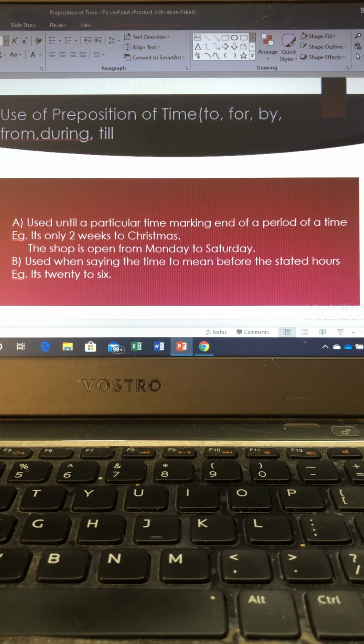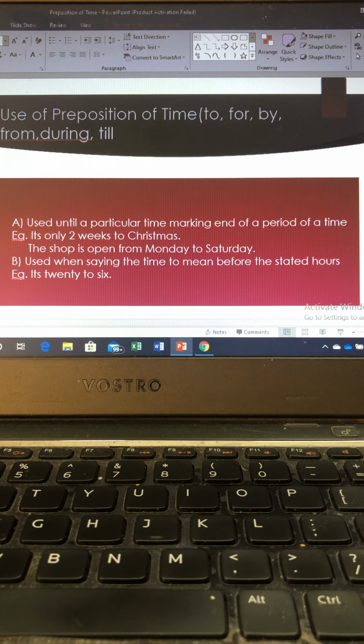If we just try and understand what the sentence means, we are actually talking about a period of time before the end. Now this time period is 2 weeks, which is given to us, and before it finally ends, that means this 2 weeks is going to end at Christmas. So then we use to over here. It's only 2 weeks to Christmas.